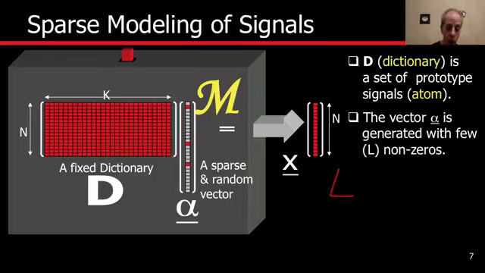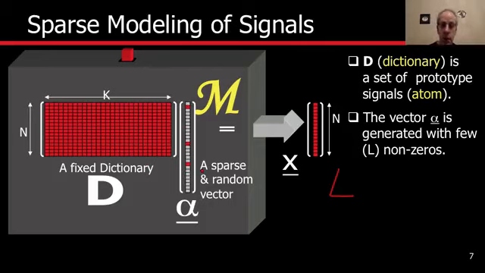And when we multiply the dictionary D by alpha, what we are doing is a linear combination of the atoms corresponding to the non-zero entries. So we are combining, this is the second one, it means it's picking the second atom, this is picking its corresponding atom, and this is picking its corresponding atom. And we basically have a linear combination, according to the coefficients here, of those L atoms.